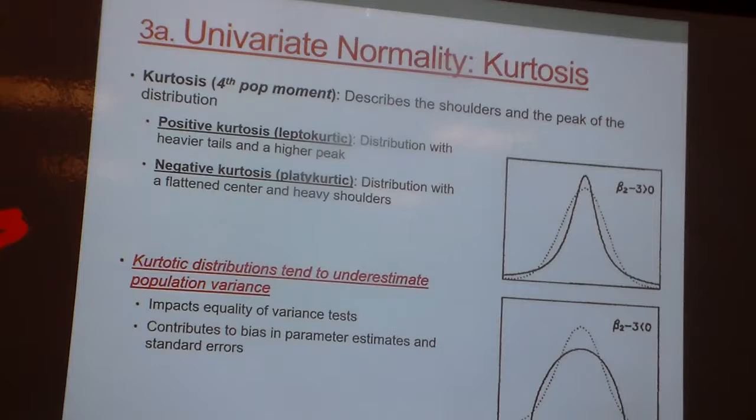We've got these tails that are extending out, that are picking up some of it, but we're missing that middle part where there's supposed to be a wealth of scores, and so we're underestimating variance here. With positive kurtosis, we've got this peak. We've got too much in the shoulders, but we're missing those tails. So in general, with kurtotic distributions we're underestimating true population variance, and that's going to be problematic a lot of times for our regression-based analyses.